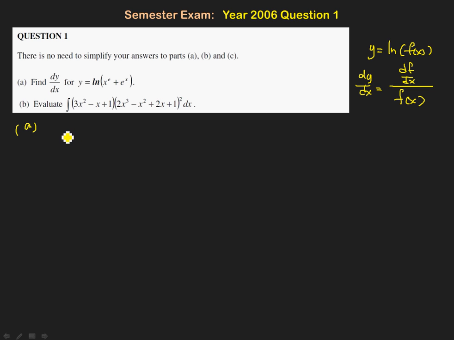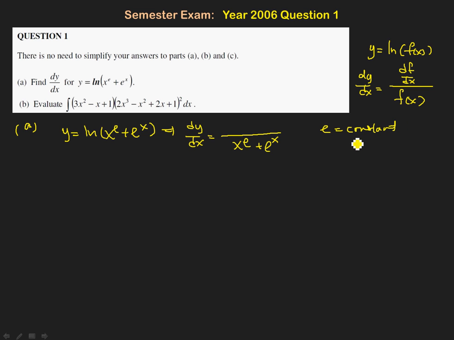Now y is ln(x^e + e^x). So dy/dx, it's always rational. Let's copy this, x^e + e^x, and now you differentiate this. e is just a constant, just a number.